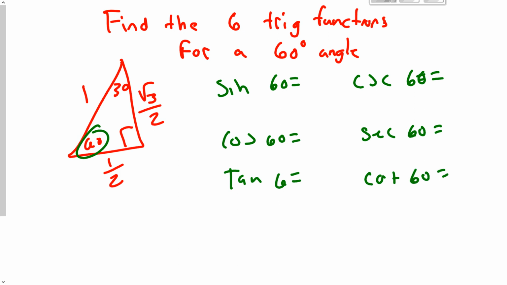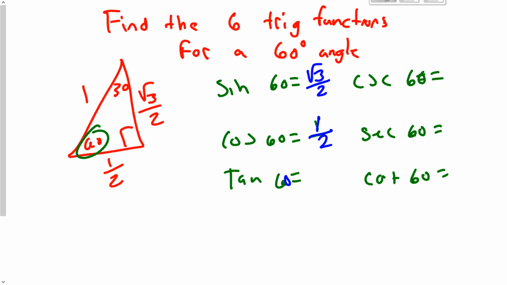The cofunctions would say that sine of 30 is the same thing as cosine of 90 minus 30. So sine of 30 was 1/2, and cosine of 90 minus 30 is cosine of 60. So cosine of 60 is also 1/2. So I could use those cofunctions in here, and this would be root 3 over 2.